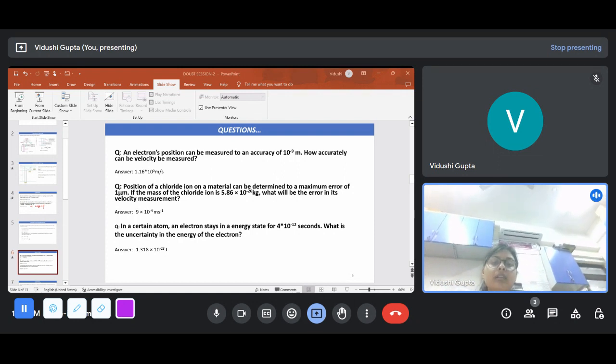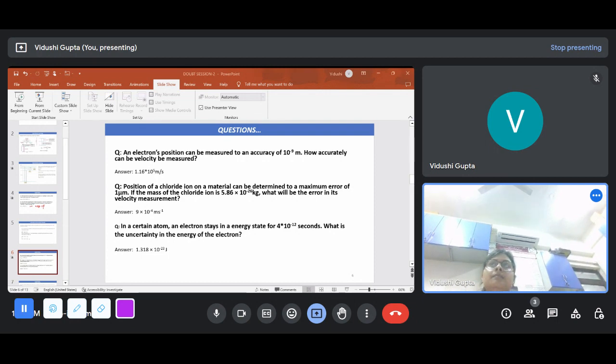What will be the answer after solving this? The answer will be 49.188 into 10 raised to minus 34 meter.